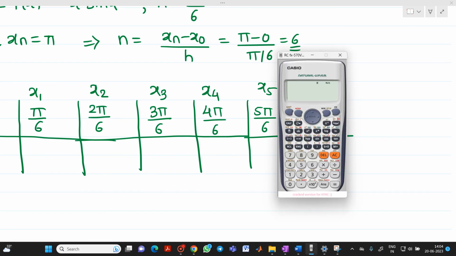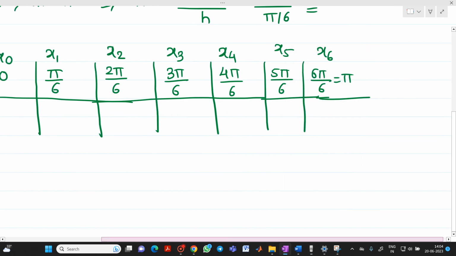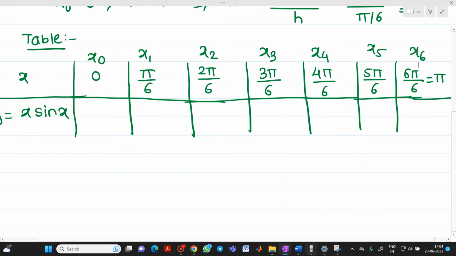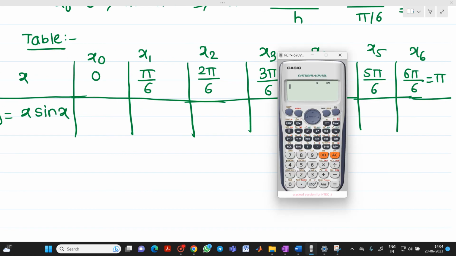Now let me open the calculator first. Now what we will do here, first of all, we will put in the function. Put your calculator in radian mode, and the function is x sin x. So first you put here 0, and you will get the answer 0.